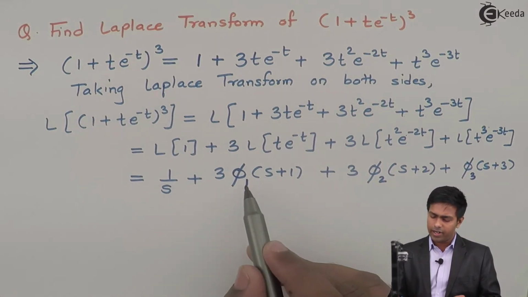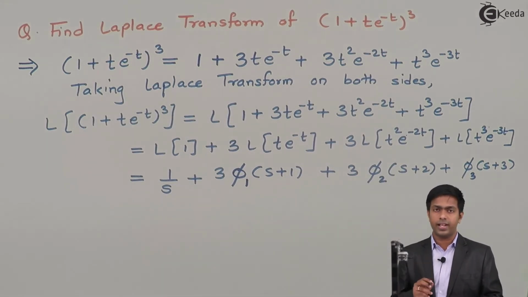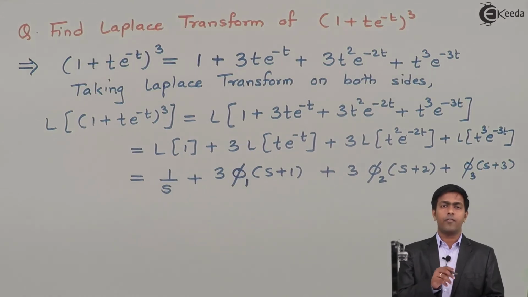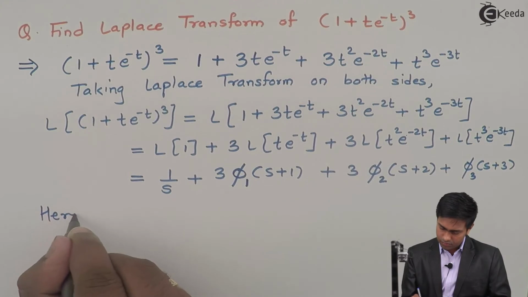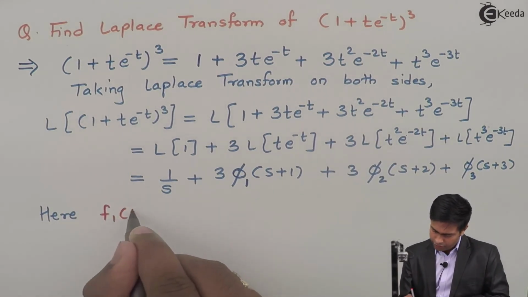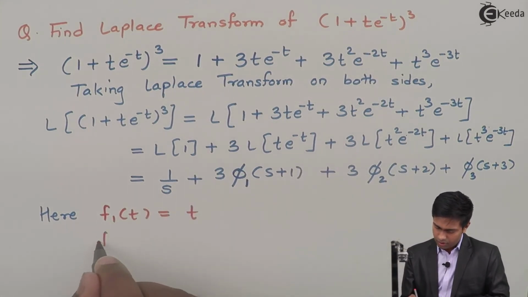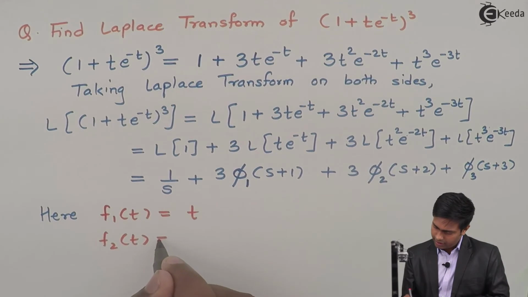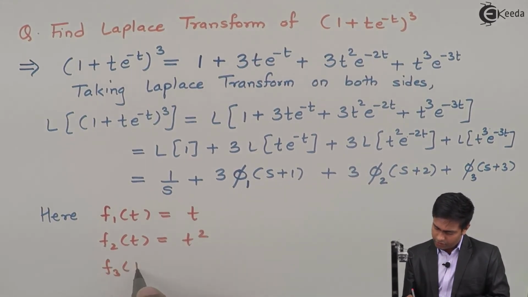Now, how will we get phi1 of s plus 1? For that, we want phi1 of s, and we will get phi1 of s from Laplace of f1 of t. So here f1 of t is equal to t, f2 of t is equal to t square, and f3 of t is equal to t cube.